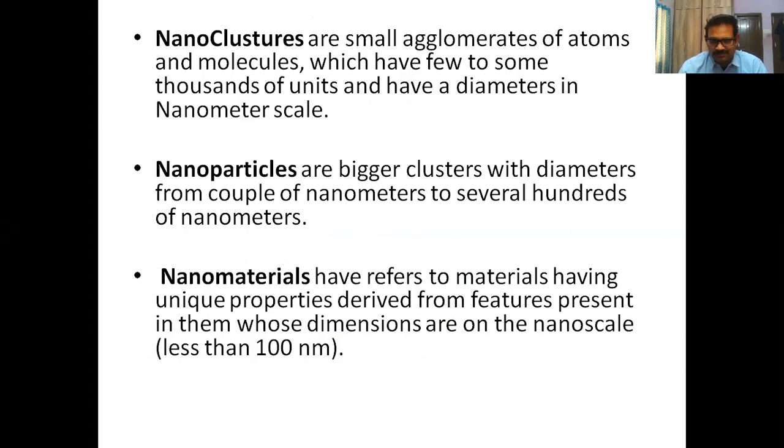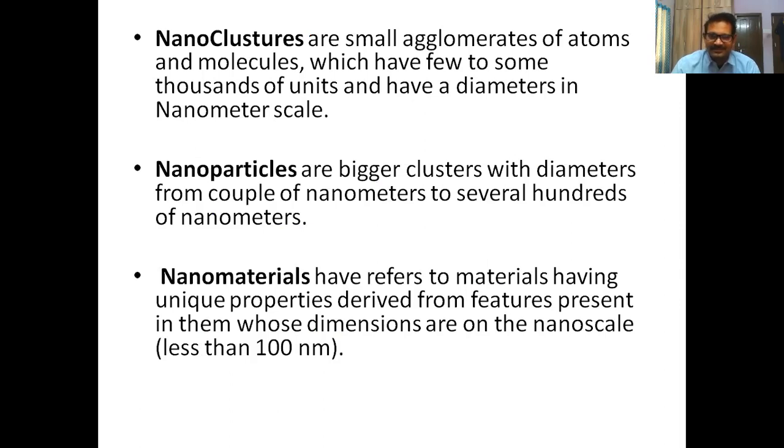What is a nano? Nano is a state of size. Actually, we just heard a similar word, colloidal. Here, nano is also explaining a state of size. Colloidal size is in the range of 10 power minus 4 to 10 power minus 7 micrometers.